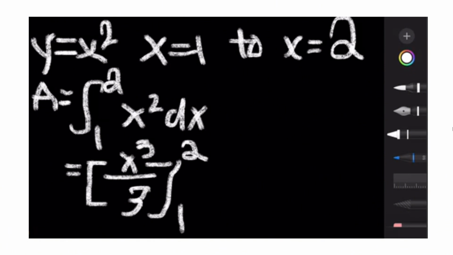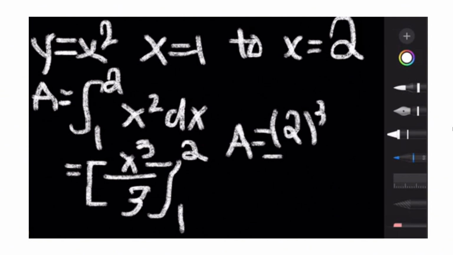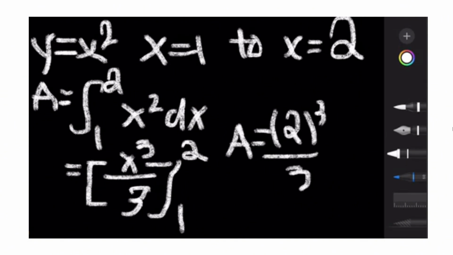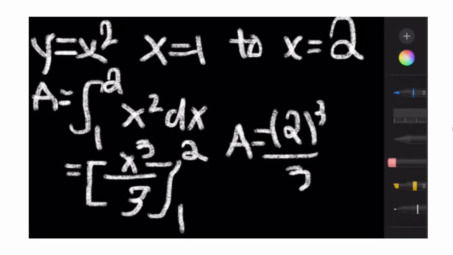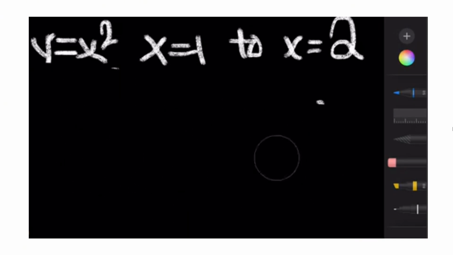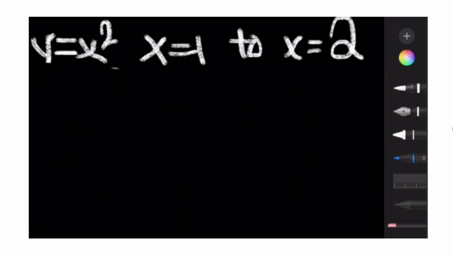So let's proceed. We have to evaluate the bounds. So we can do this by substituting the values, or yeah, we can use the formula. So we'll have A is equal to 2 for 3. Okay, let's erase this so you can have space. So let's evaluate the bounds.